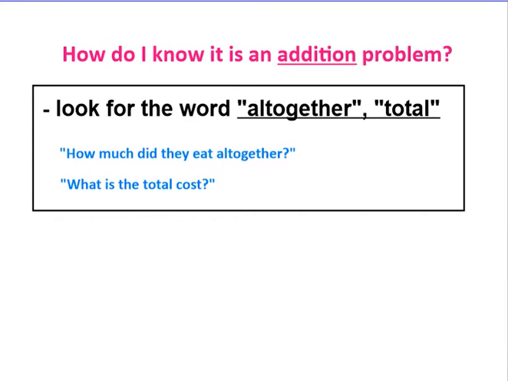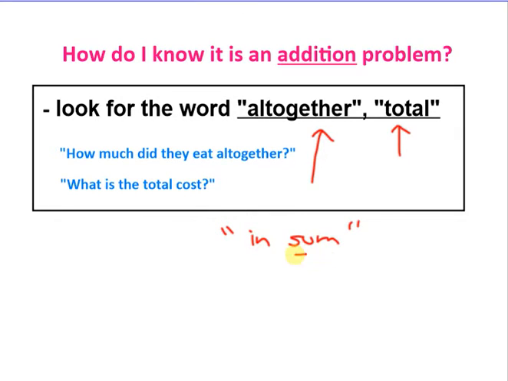I will say that in terms of word problems, adding and subtracting tends to be a lot easier than multiplying and dividing. So that's really good news. So how do you know it's an addition word problem? Two keywords that stick out pretty predominantly are the words altogether and total. Another one that you could look for is the word sum.